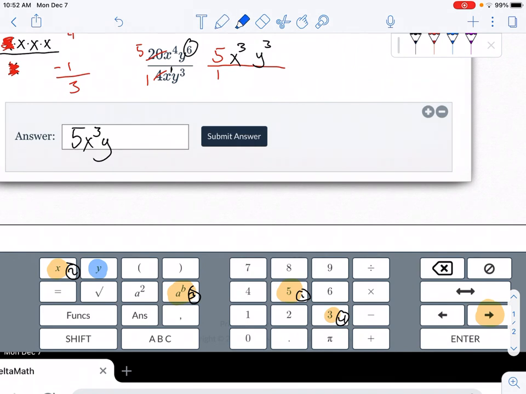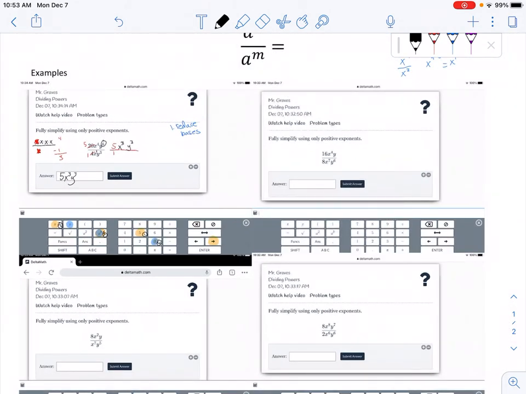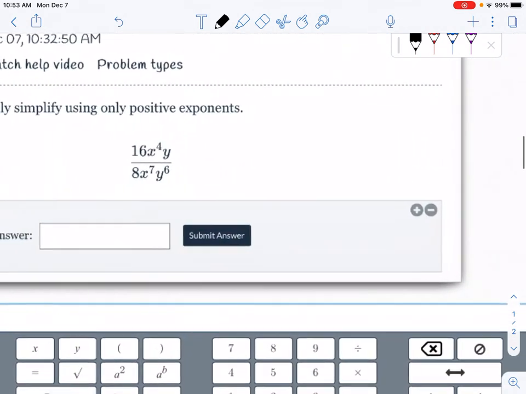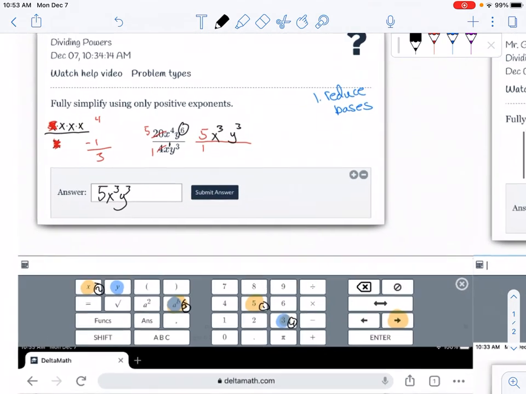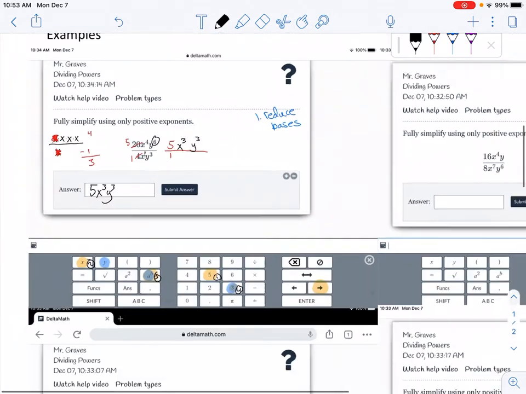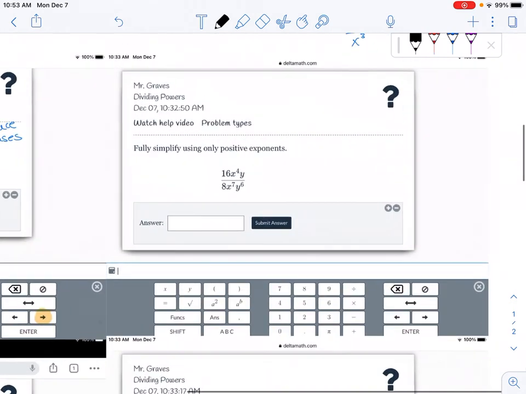And then I have to make my exponent, so I'm going to hit a to the b again. And then I'm going to hit 3. And then you would hit submit answer. Okay, so that's the most in-depth I'm going to go over how to punch those numbers in. If you need help in class, just ask.